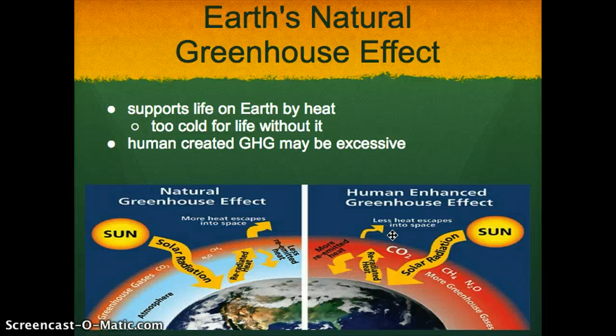And there could be another ice age. Yeah, and there are some greenhouse gases that are human created and that might be excessive and lead to an excessive greenhouse effect. And you can see some of the gases include carbon dioxide, methane, nitrous dioxide, etc.